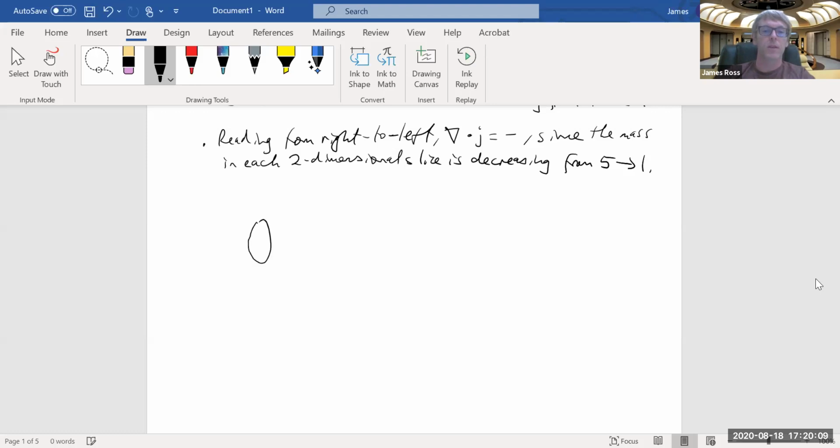Let's look at another way to interpret that same diagram, and this is why you need another consideration. So let's look at the diagram again, and we can interpret it slightly differently. So here's our 5 slices through the same tube.